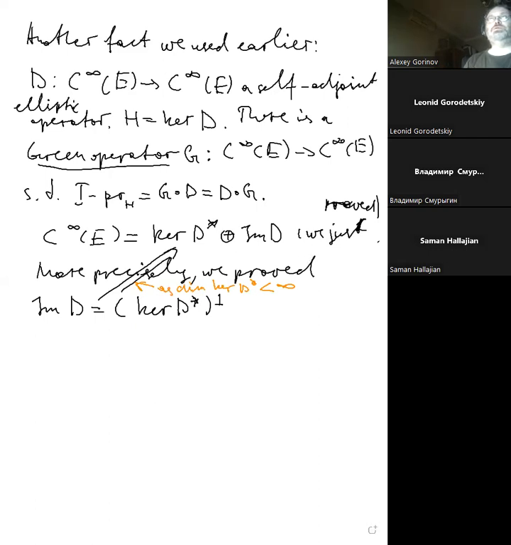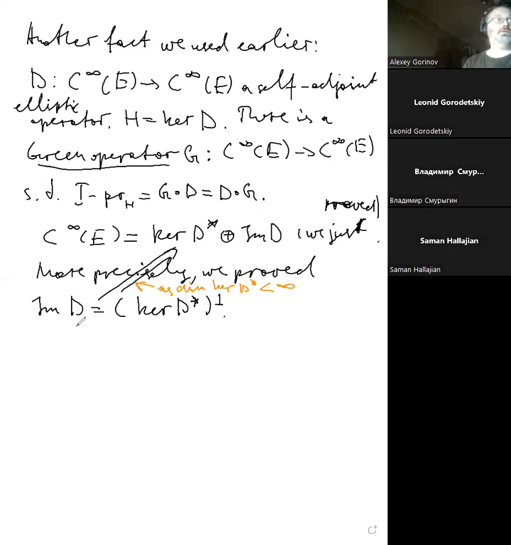Okay, Floyd, does this make any sense? Well, yes, it seems so. This is the theorem we proved, or the proposition we proved today, and it's not for free.